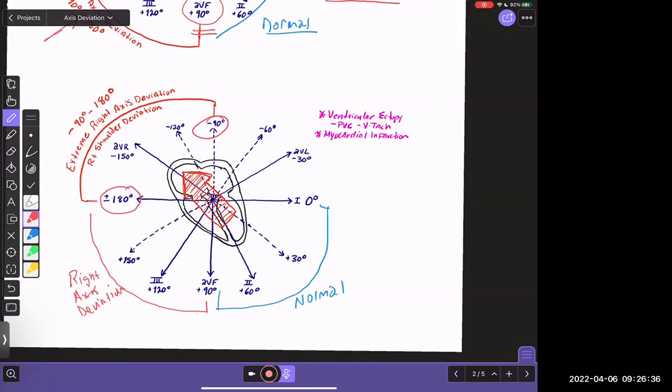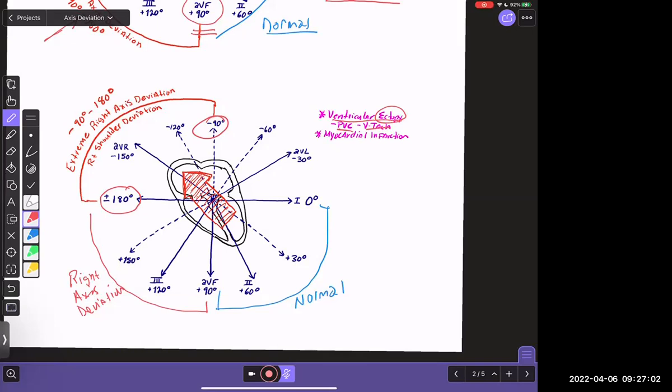And some of the reasons why you would see this: ventricular hypertrophy or ventricular ectopy, and you may see this when we start looking at ventricular tachycardia, and you'll be able to differentiate VTach from, let's say, SVT with a widening QRS or intraventricular conduction delay.